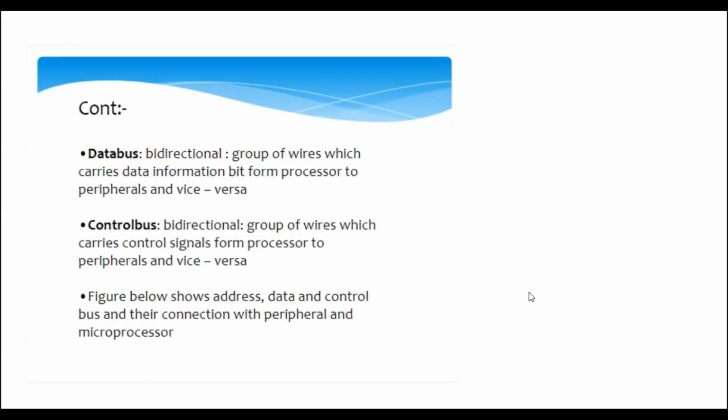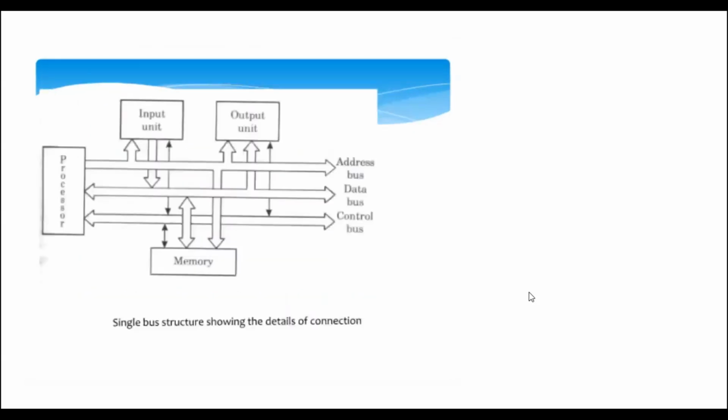The figure shows the address, data, and control bus and their connection with the peripherals and the microprocessor. It is a simple figure of the single bus structure, showing the details of the connection.